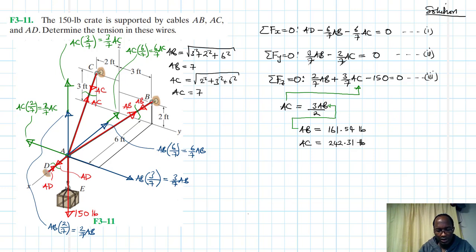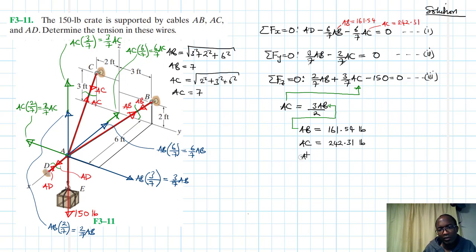Okay, 161.54 by 3 over 2, 242.331. All right, and then let's feed AB there. AB is just equal to 161.54 and AC is equal to 242.31.